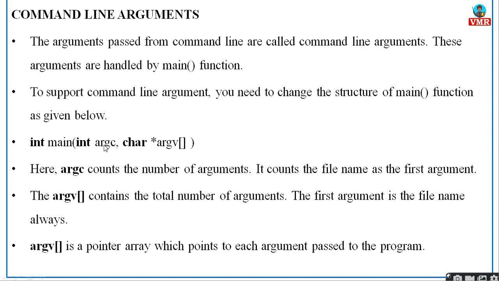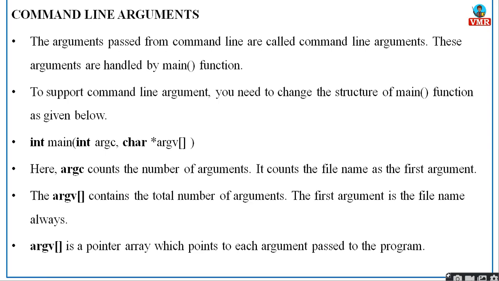When you give some parameters for your main, that is nothing but your command line argument. When you give this type of command line arguments for your main, the execution process is a little different. After compilation of your code, when you are trying to execute it, you need to pass the values at that moment only.